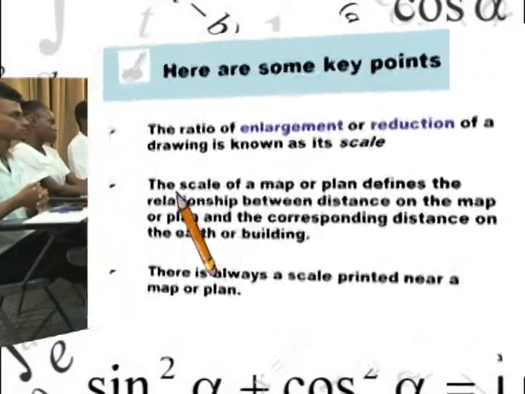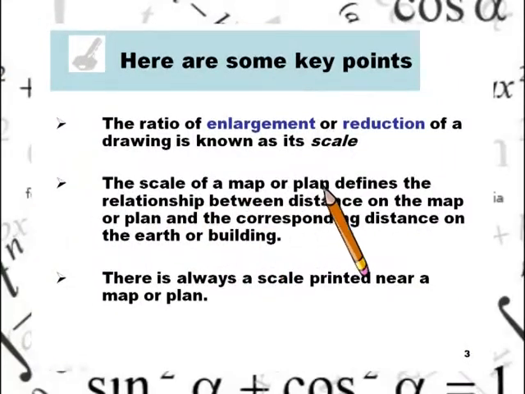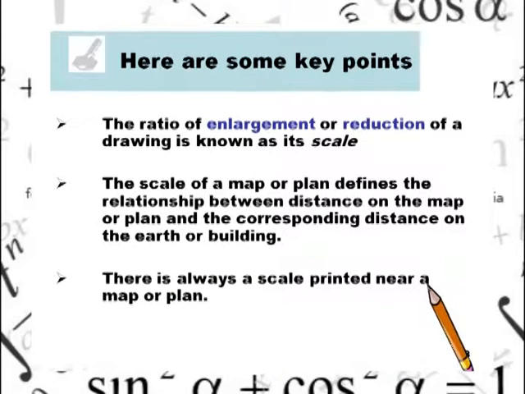The scale of a map or plan defines the relationship between distance on the map or plan and the corresponding distance on the earth or building. There is always a scale printed near a map or plan.